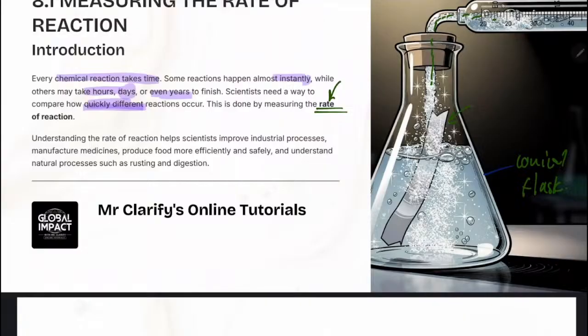Scientists, do you want to be able to measure and compare different reactions? Yes, we want to be able to. So you need to measure the rate of reaction. If you measure the rate of reactions, you can compare the reactions. So this will help them.